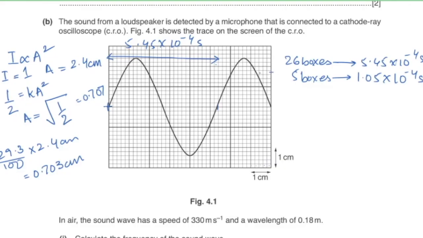So starting from here, we'll have our maximum here, and then we'll end here. Again, we're going to have our minimum here, and then we'll end here. So this way we're going to have this new waveform.